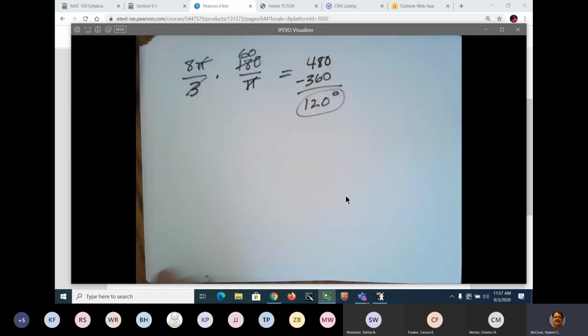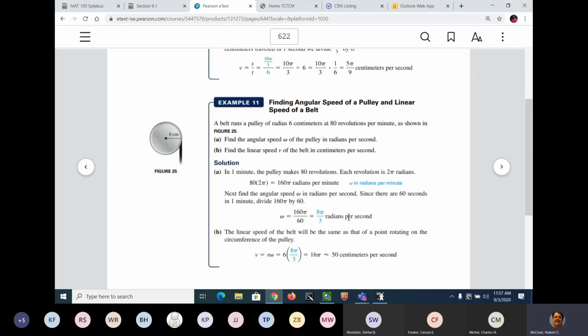So that pulley turns 120 degrees in one second. In 1 second, that pulley turns 120 degrees. That's called the angular velocity.